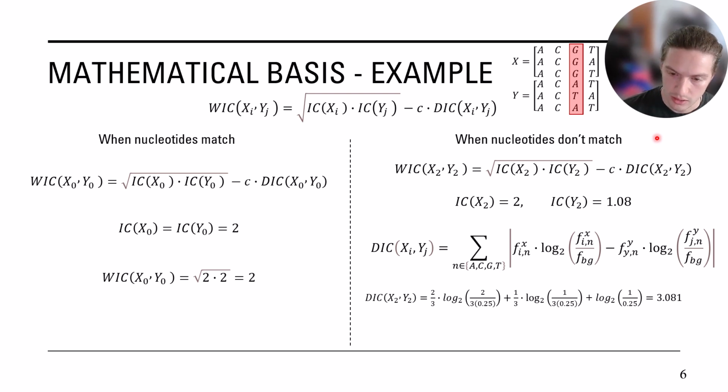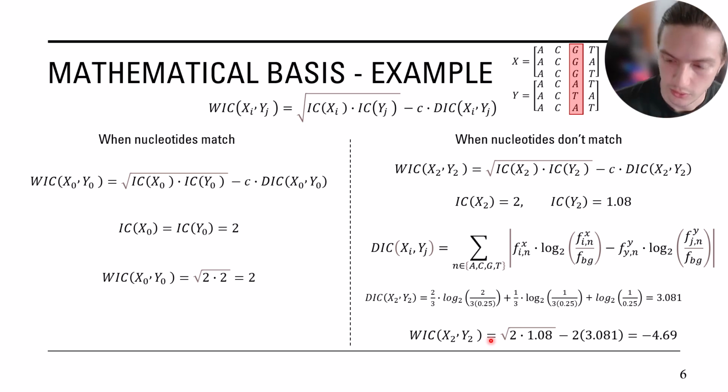So then we can plug this into the weighted information content equation. What we can see is that because they didn't share any nucleotides in this position, the DIC value ended up being kind of big.